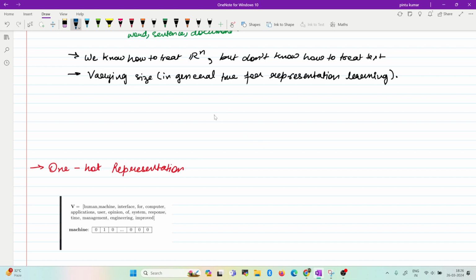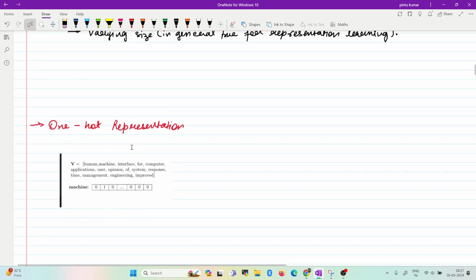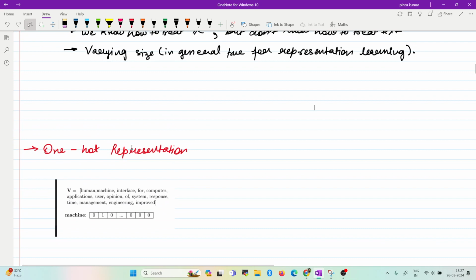There are transformer based methods. You might have heard of something called BERT, which is very common these days. It is a bidirectional transformer. You can have a look at these techniques, just to have it in your bag, and if it is required at some time, you can use it.